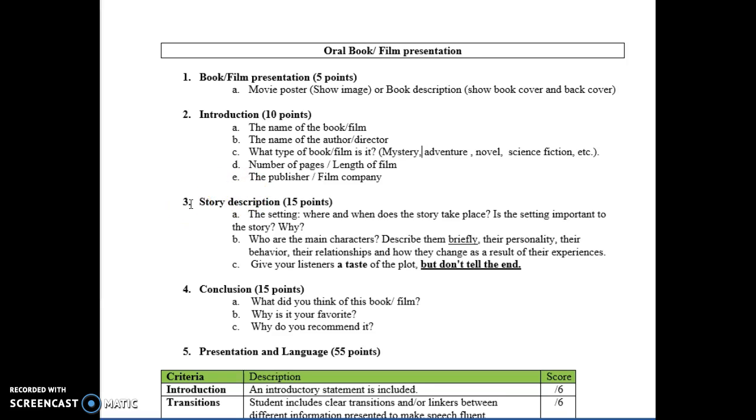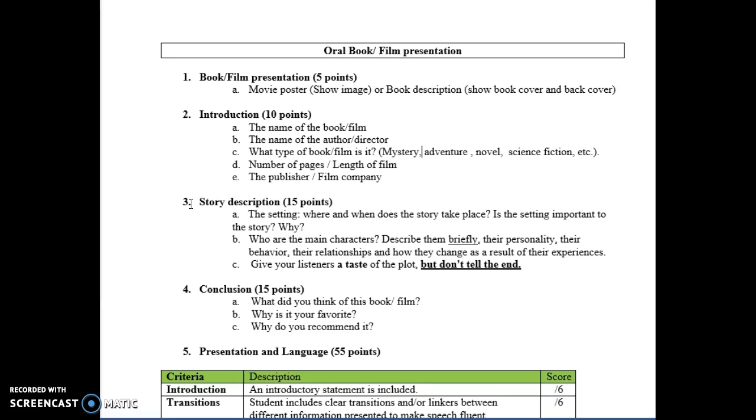In terms of the story description, you should describe the setting, say where and when it took place, if the setting is important for the story and why it's important. Now, there are some books or movies that don't necessarily have a very clear setting in terms of the year or exactly where it is, but you can state exactly that.